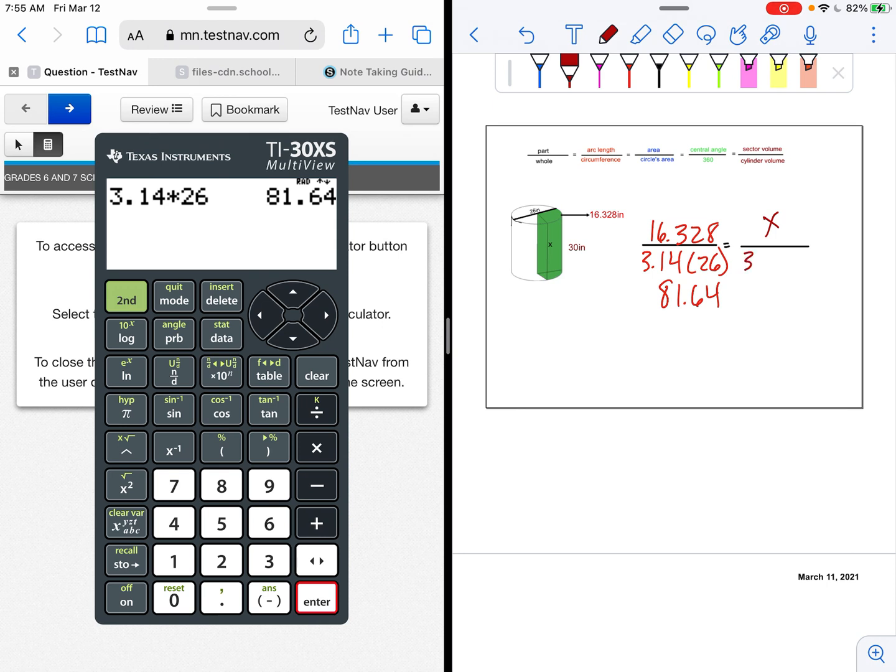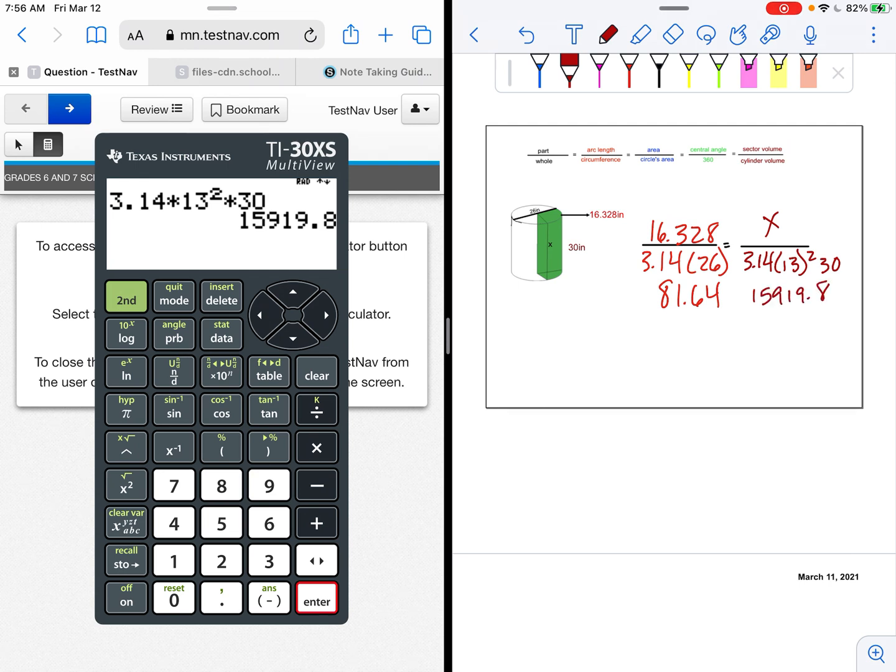I'm going to take pi radius squared height. So because the diameter is 26, the radius is 13. So 3.14 times 13 squared times 30. And this is 15,919.8.